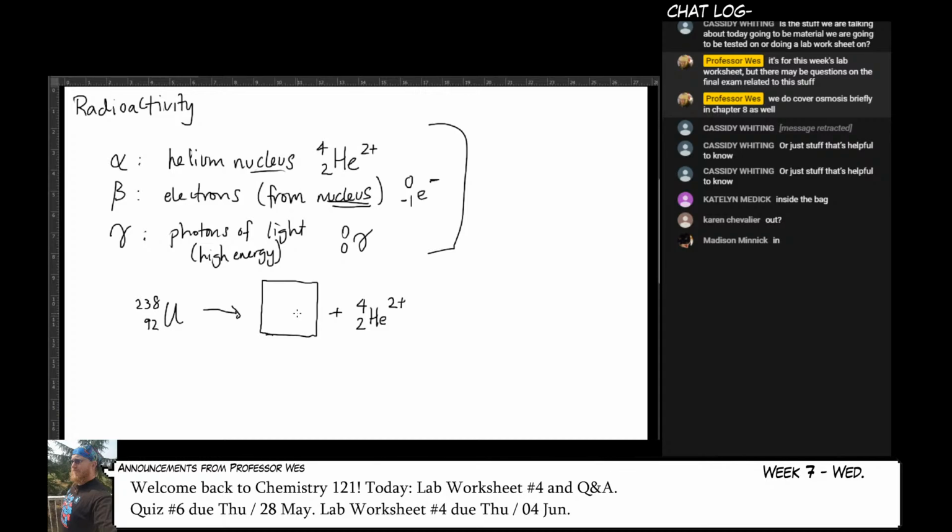Because, as you should recall, the number of protons on my atom determines its identity and what symbol we should write. So what number goes in the box for the number of protons, and then what symbol should I write?